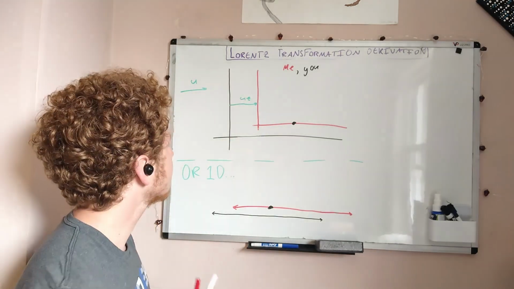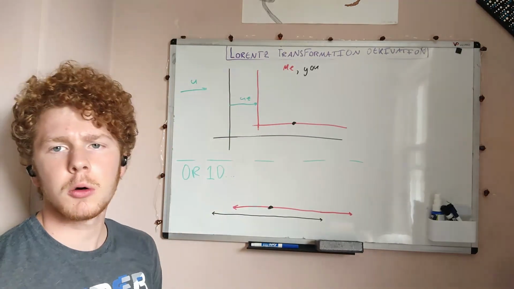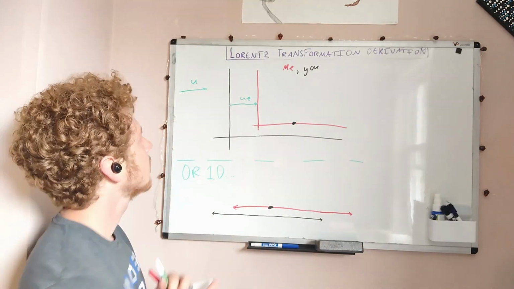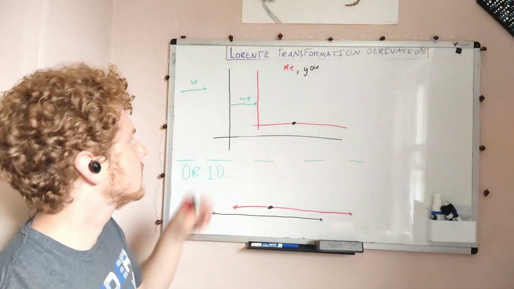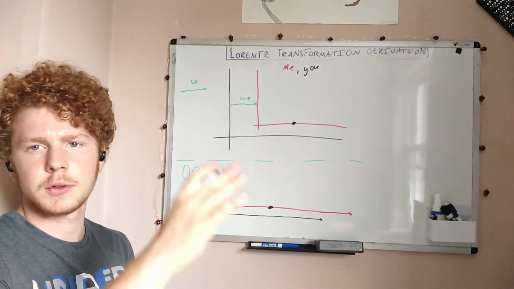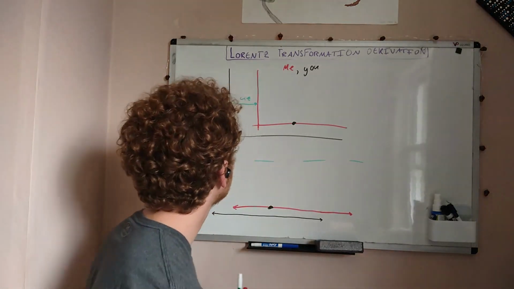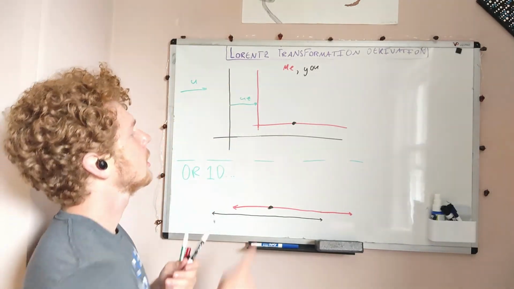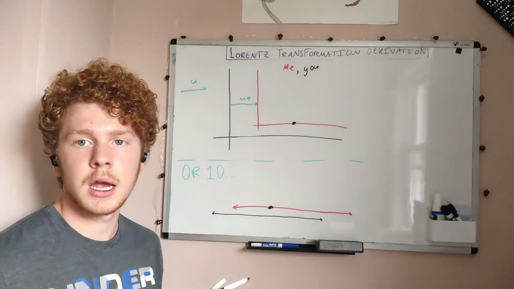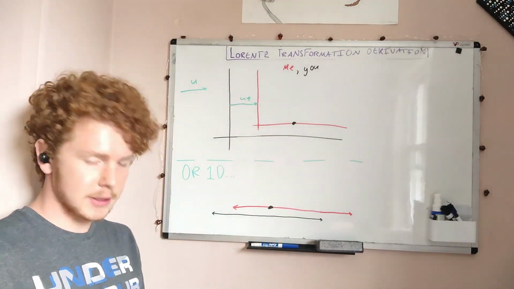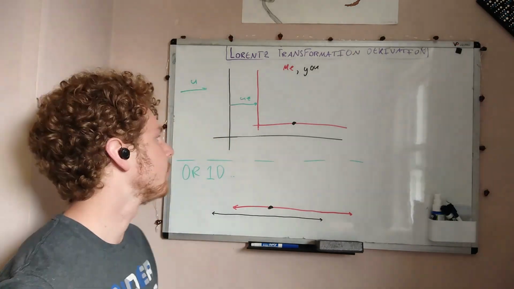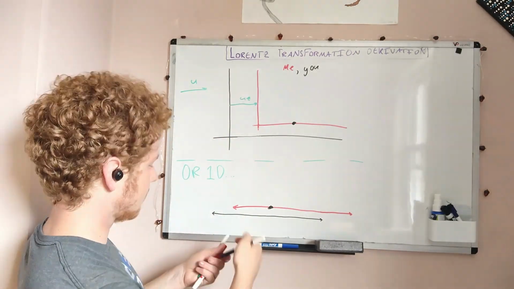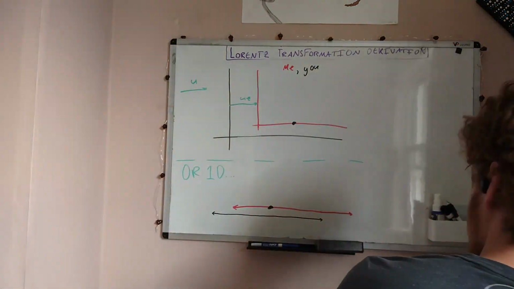So the distance from my frame to your frame will always be changing at a distance of ut, where t, of course, is the time elapsed during this whole interaction.